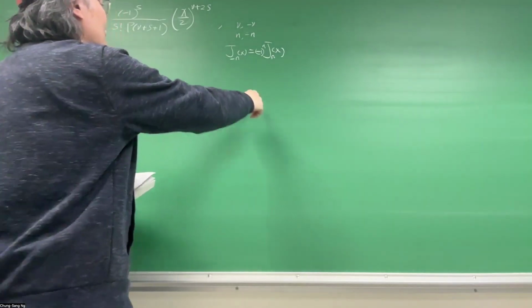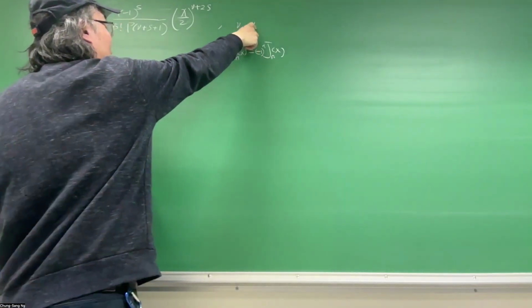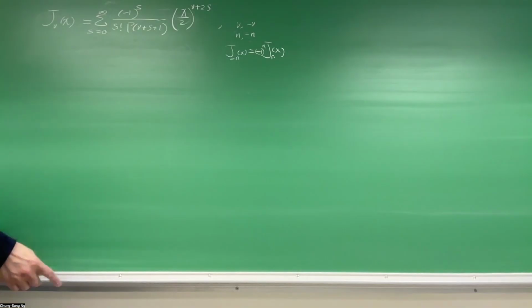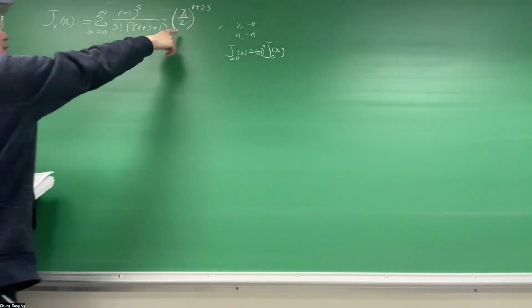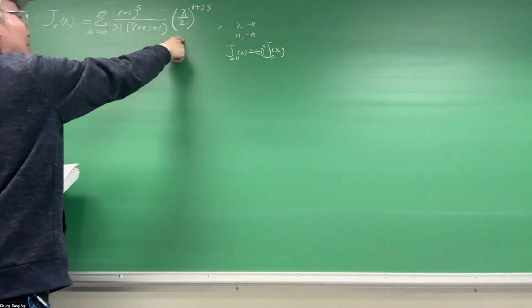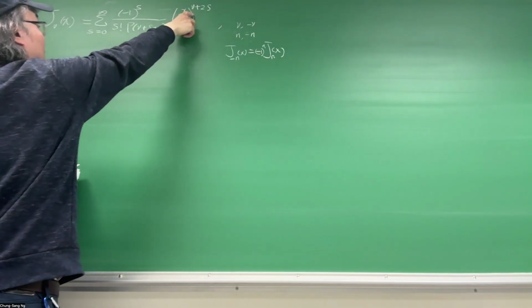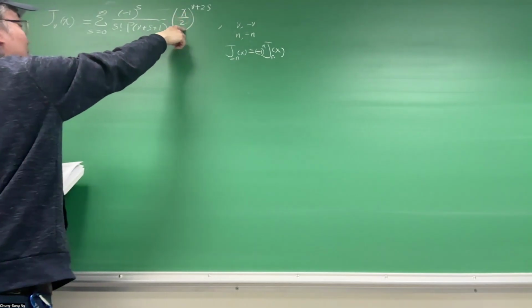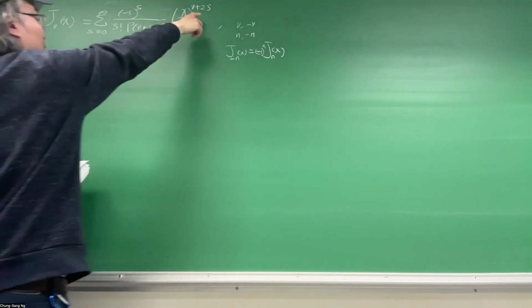One difference between integer and non-integer orders is the property near x equals 0. Near x equals 0, obviously you keep just the first term, s equals 0.